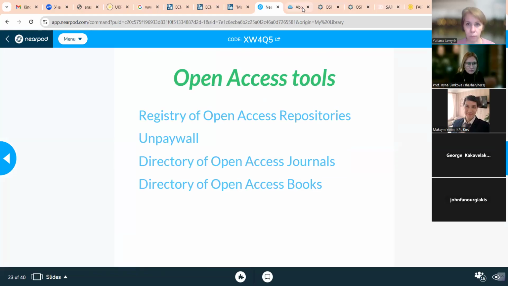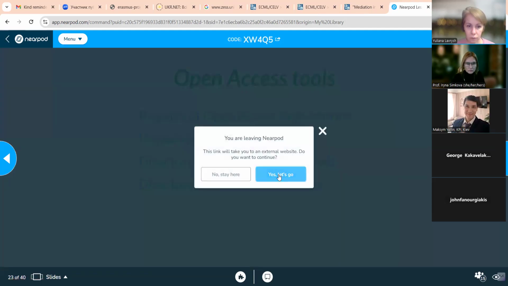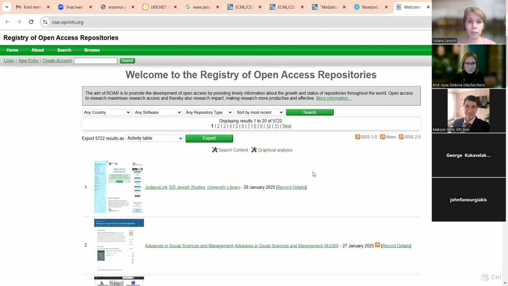Now, let's look at these tools of open access. So why do we need these registers and these repositories? It means that all data we discussed with you is accessible and findable.